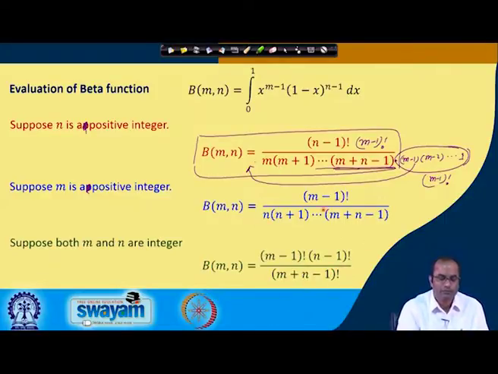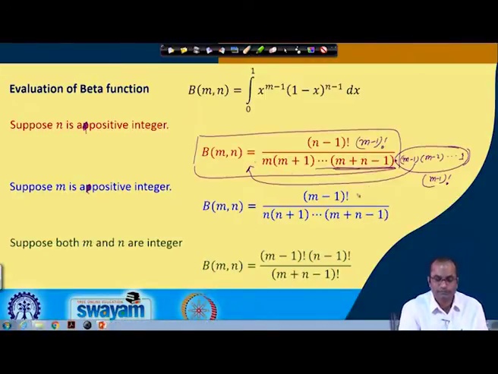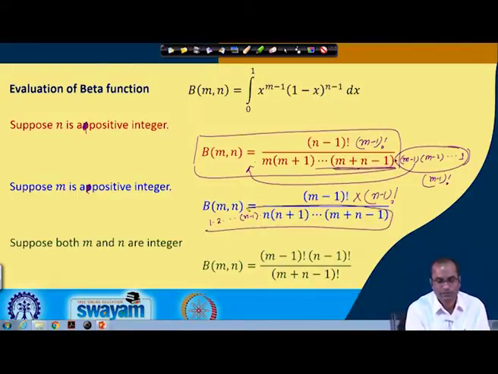Same thing we can observe if we take this formula for example, and in this case we have to multiply by n minus 1 factorial, that means 1, 2 and so on, n minus 1, and then we have n. So, this continues now to this one, and this will again become the factorial m plus n minus 1.